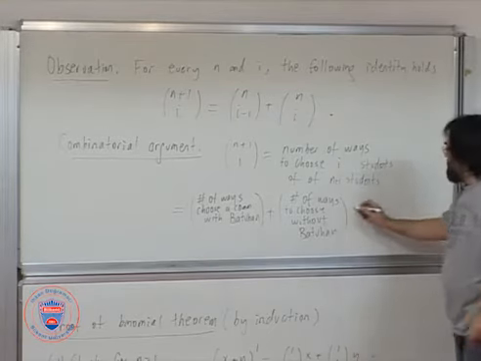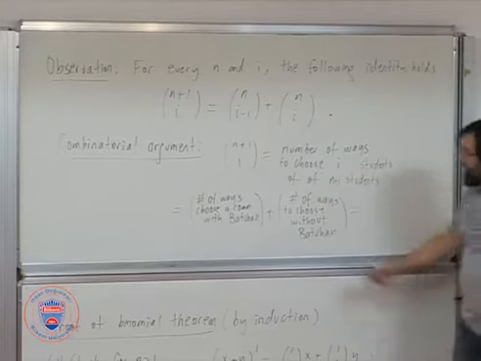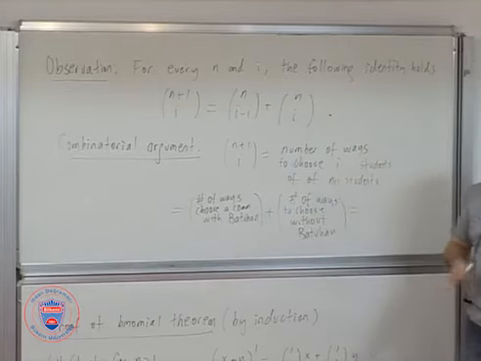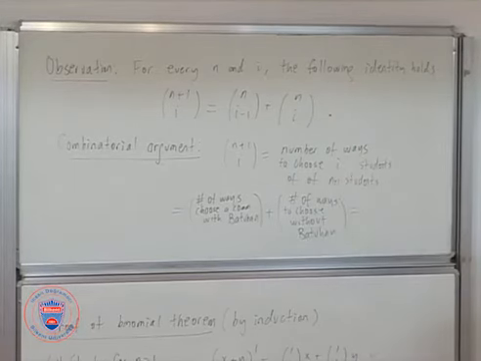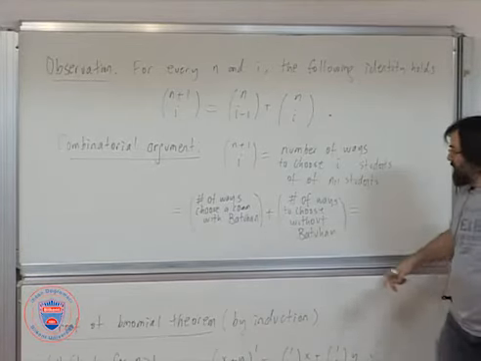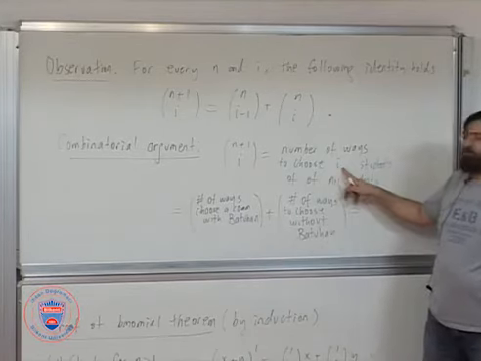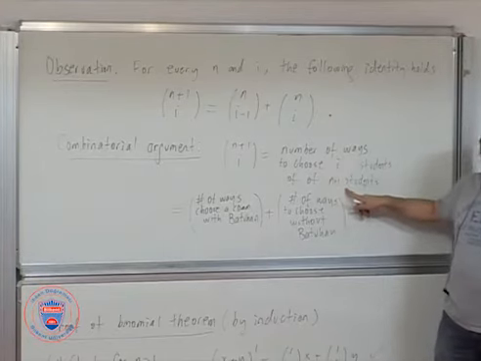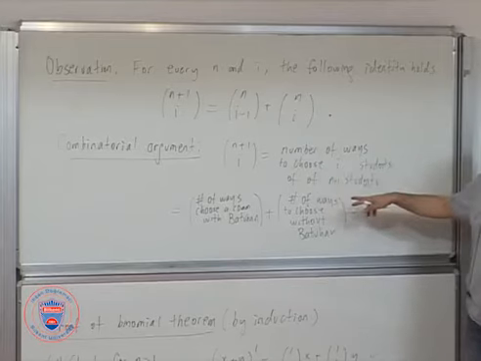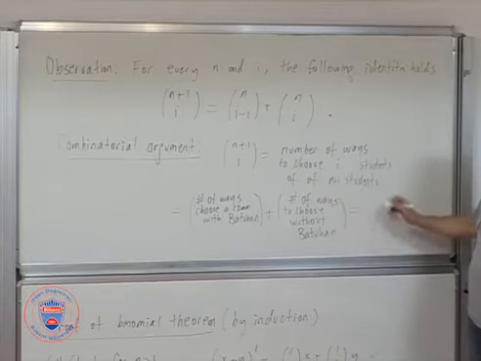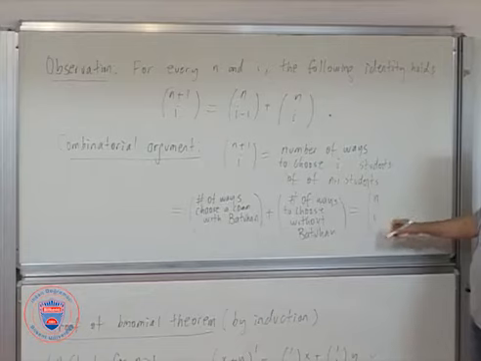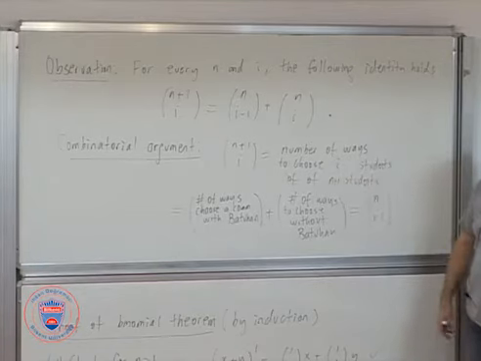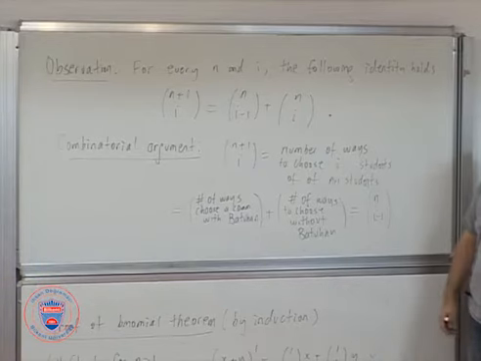And each of these can be counted easily, because if Batuan is in the committee, you already know one member that is there in the committee. So you are choosing a committee with i minus 1 students, and you have n students available because Batuan is no longer available. So you'll be choosing i minus 1 students out of n students for the first case.